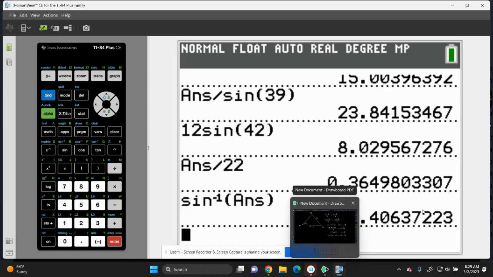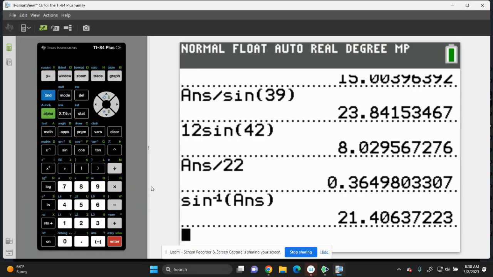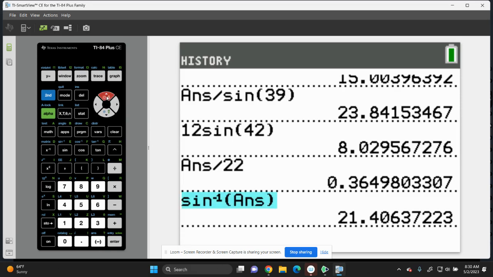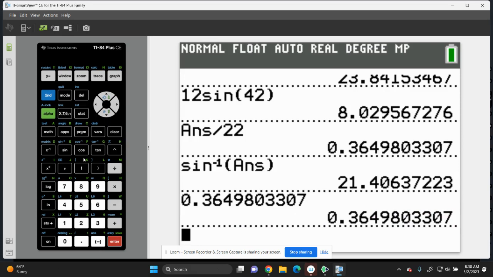Does everybody understand how to do that on their calculator? Yep, let me do it again. We do the second function, and down here above the little negative sign down on the bottom, it says answer. So if I press that, it gives me whatever that previous answer was.